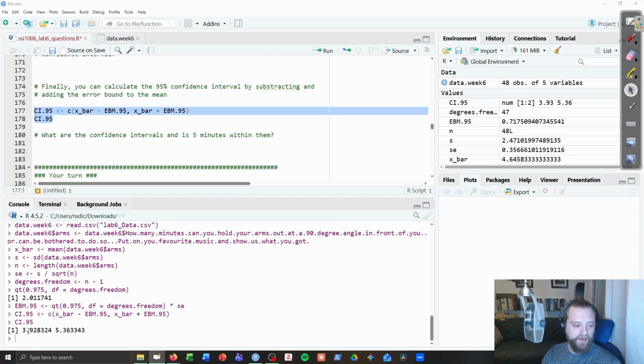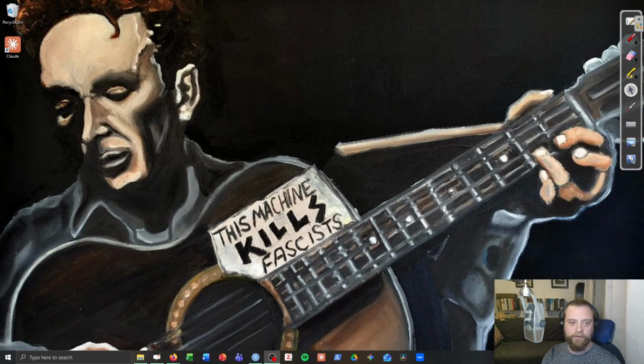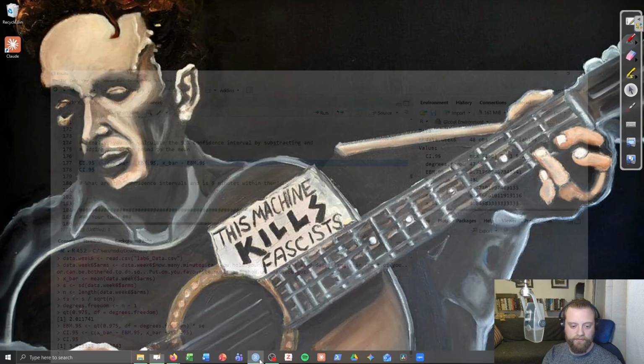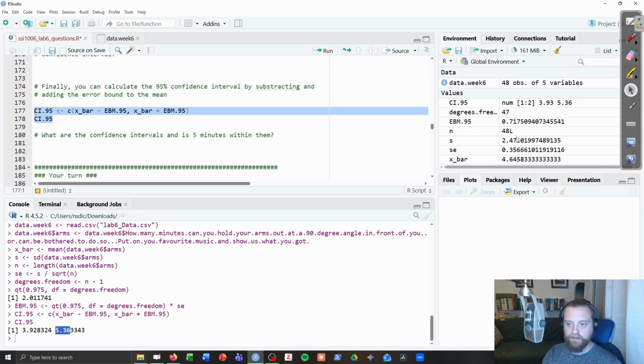And so our X values here are 3.9 and 5.36.